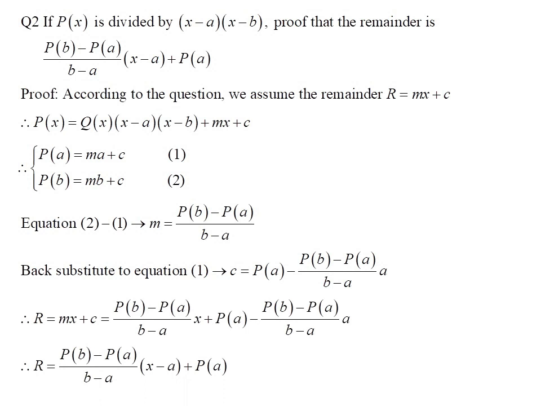Therefore, we have proved that r is equal to the result of (p(b) minus p(a)) over (b minus a) multiplied by (x minus a), plus p(a) when divided by the quadratic of (x minus a) times (x minus b).